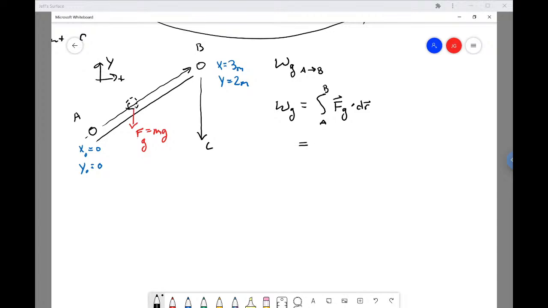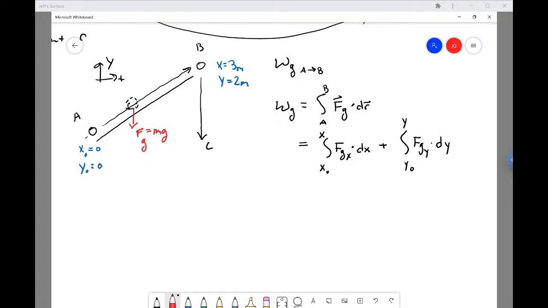And so we can write that's equal to the integral from x naught to x, so in the x direction, of the force of gravity in the x direction dotted into dx, plus the integral from y naught to y, so the change in y, the force of gravity in the y times dy.